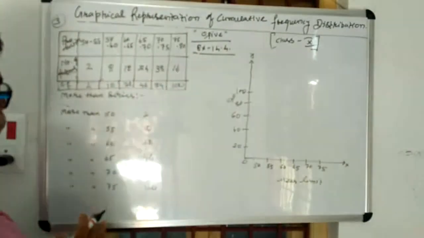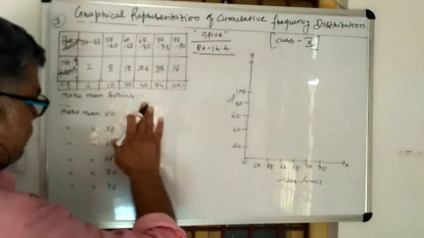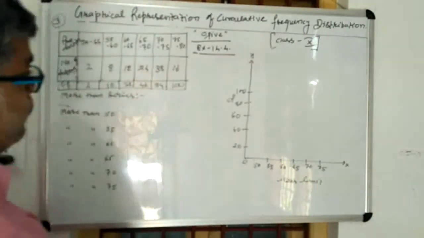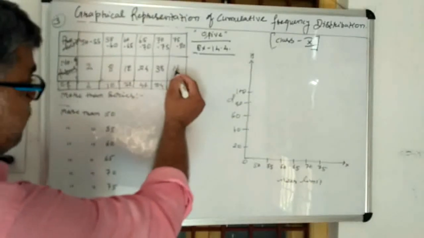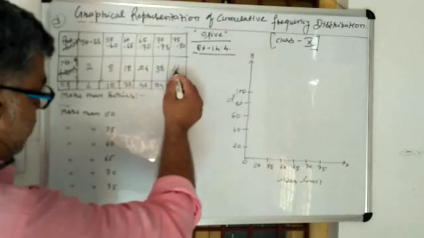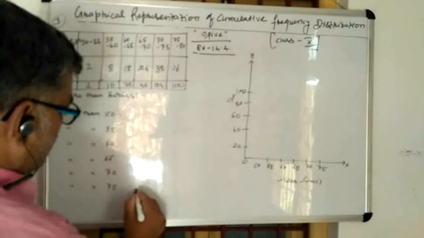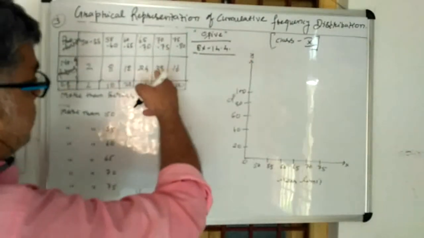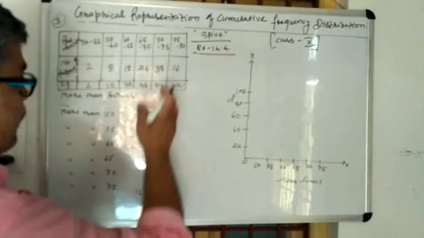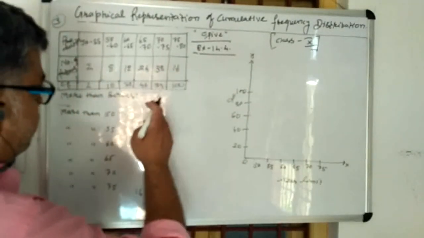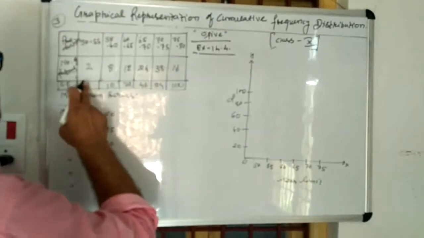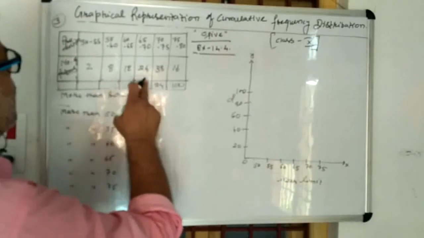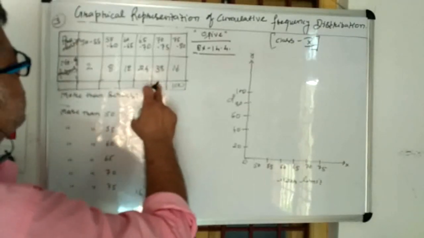Now you have to write it, so you start writing from this side. So it will be 16. Yes, 16. 16 plus 38, no need to write it. Leave it. Just reverse the process.